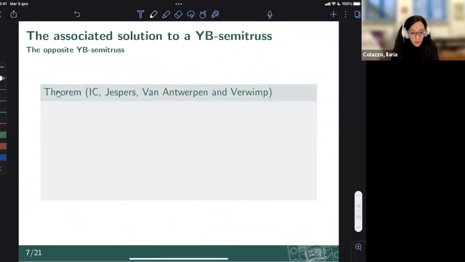So it is natural to ask ourselves: we know that if the sigma_B maps are bijective, then the associated solution is bijective. What I really want to see is what happens for the inverse solution. Is there a YB-semitruss that allows me to construct the inverse solution?